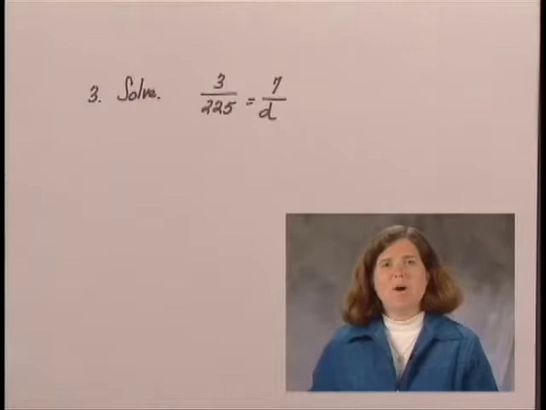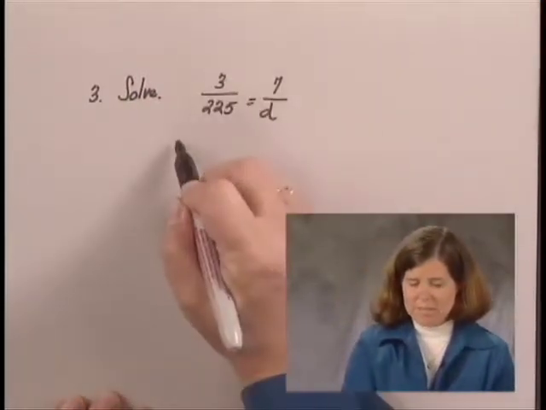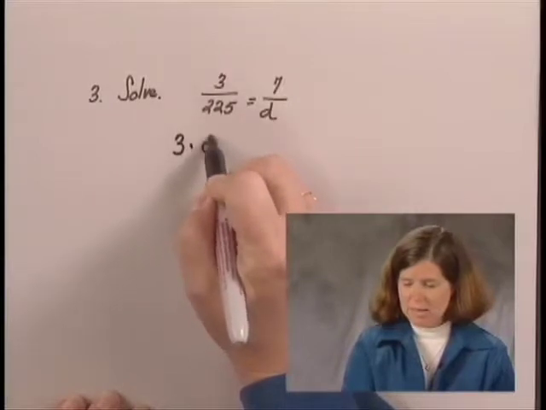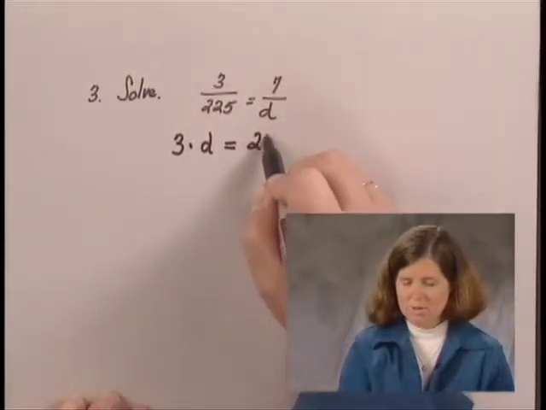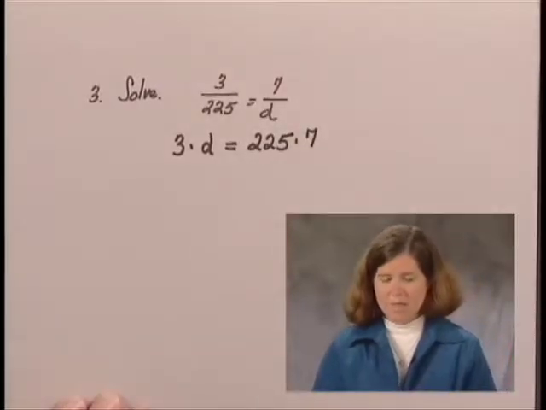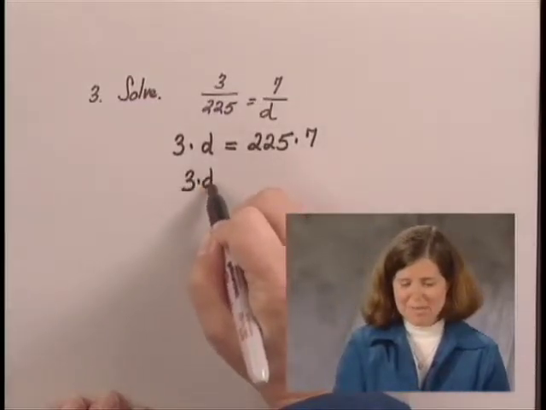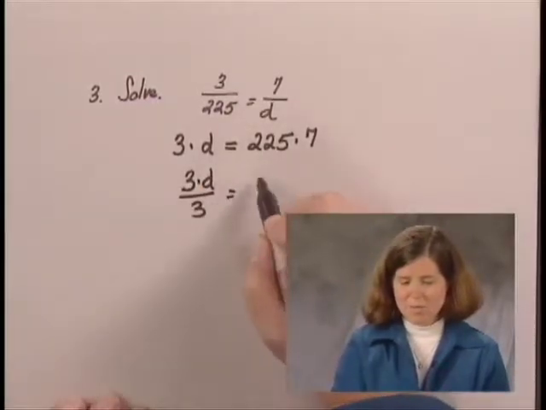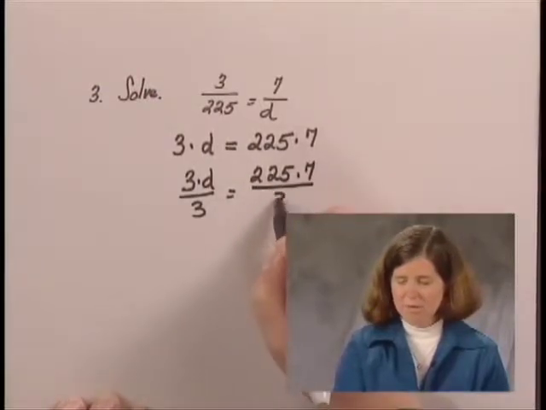And we'll do this by equating cross products. We will equate 3 times D to 225 times 7. To solve this, we will divide both sides by 3, and we get 3 times D divided by 3 equals 225 times 7 divided by 3.